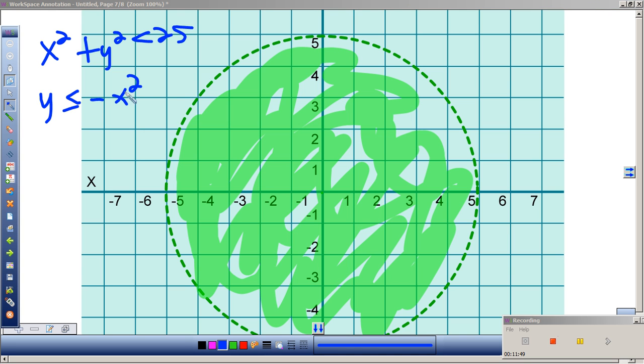So, second one. How do you graph it? Okay. Through the origin, so a parabola upside down, 1, 2, 3, 4. Solid or dashed? Okay.